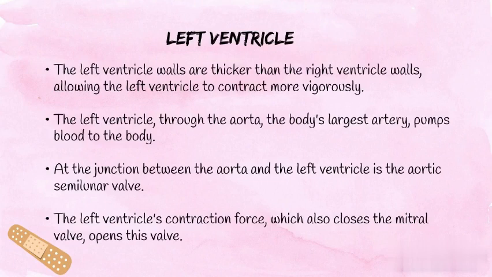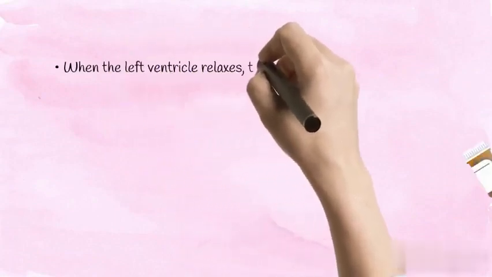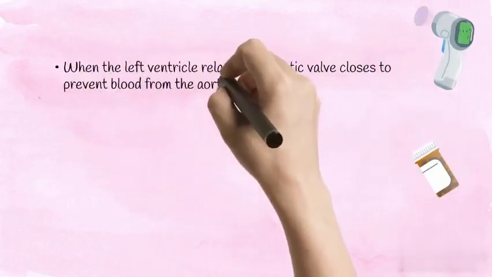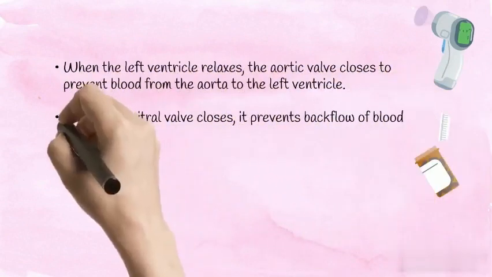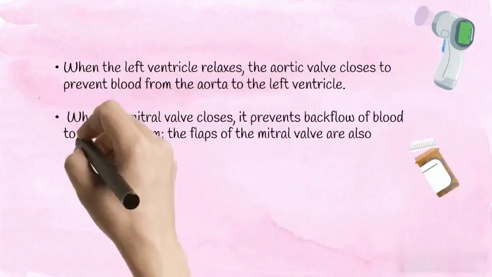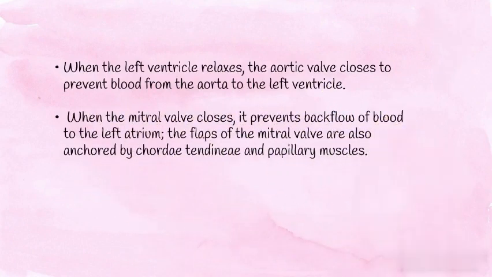Now, the left ventricle is the main powerhouse of the heart, having to pump blood all the way around the systemic circulation. Because of this, it has the largest, most muscular walls of any of the chambers. In fact, it is 3 times as thick as the right ventricle. When the left ventricle relaxes, the aortic valve closes to prevent blood from flowing from the aorta back to the left ventricle. When the mitral valve closes, it prevents the backflow of blood to the left atrium.